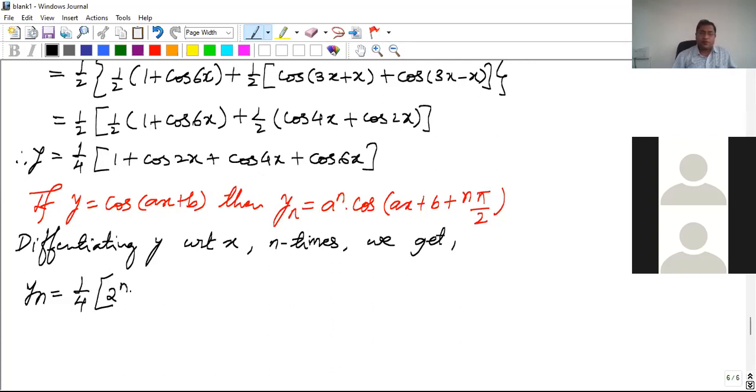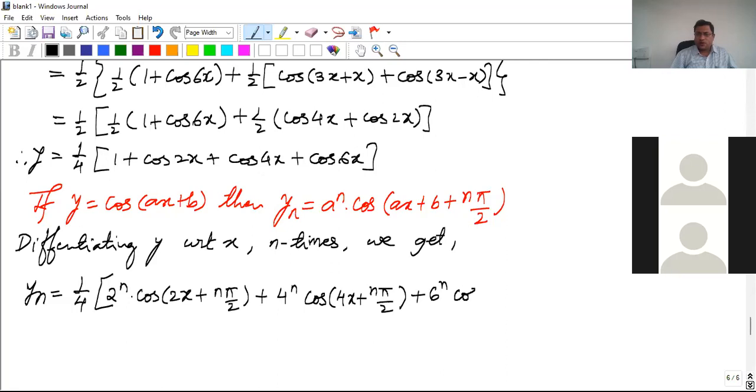So we can have 2 raised to n, and here the term you'll be having is cos of 2x plus n pi by 2, plus 4 raised to n cos of 4x plus n pi by 2, and this term 6 raised to n cos of 6x plus n pi by 2.